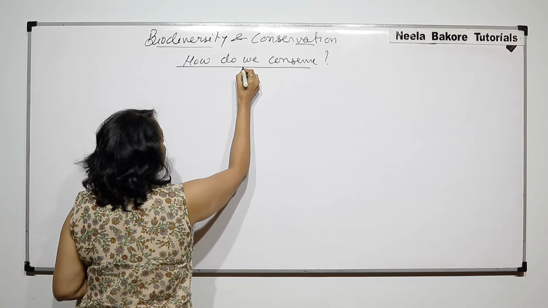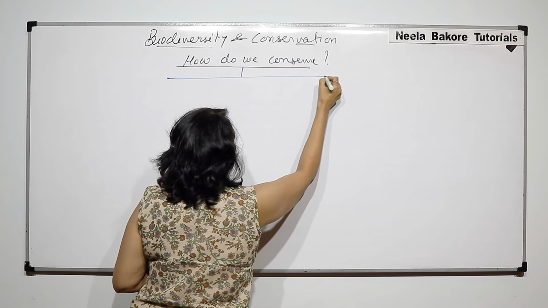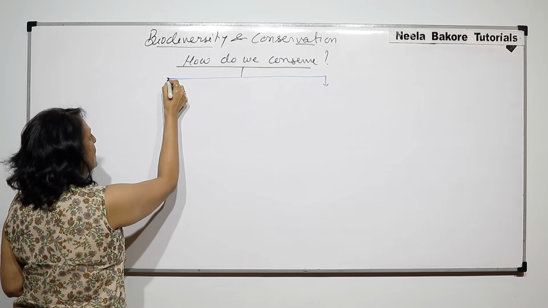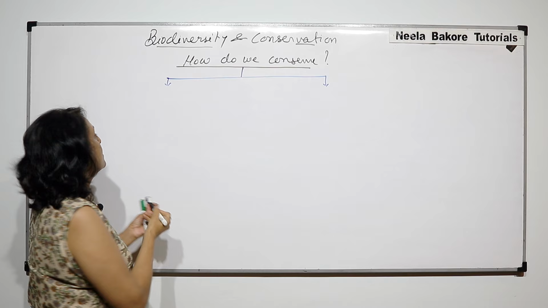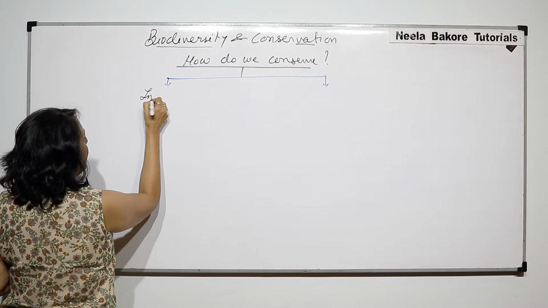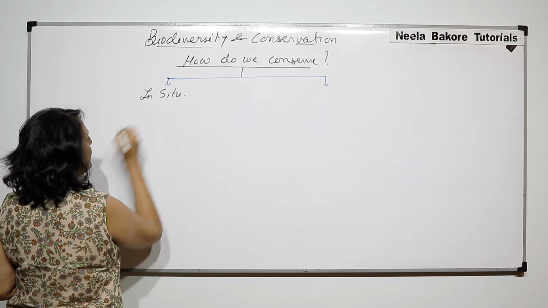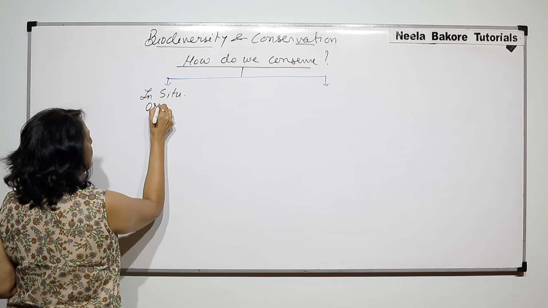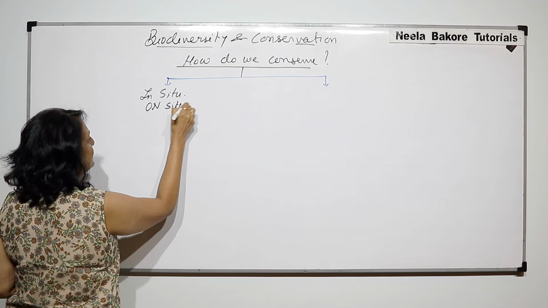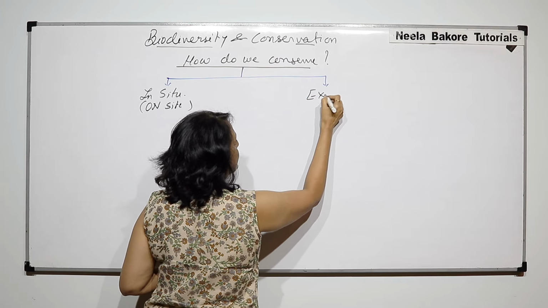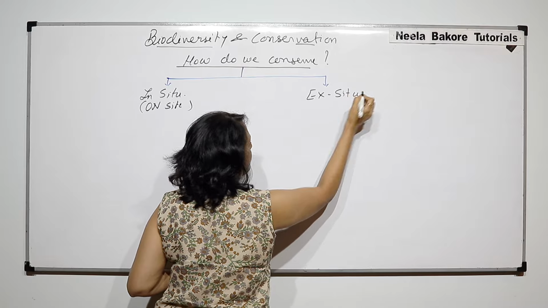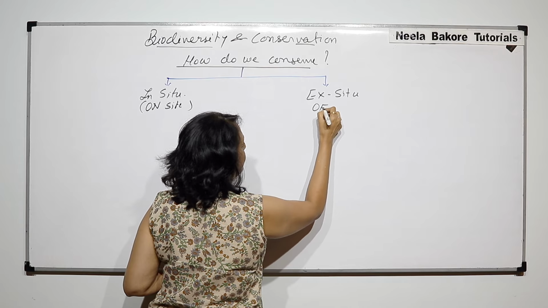So if we are talking about biodiversity conservation, then there are two main approaches. One is called in-situ conservation. In-situ is on site, and the other approach is ex-situ conservation, that is off site.